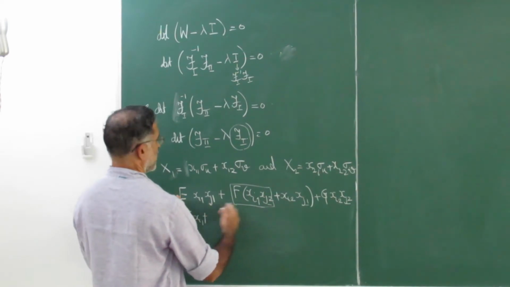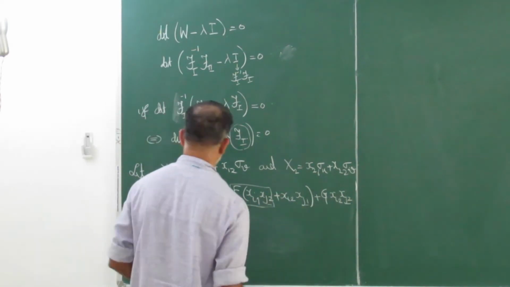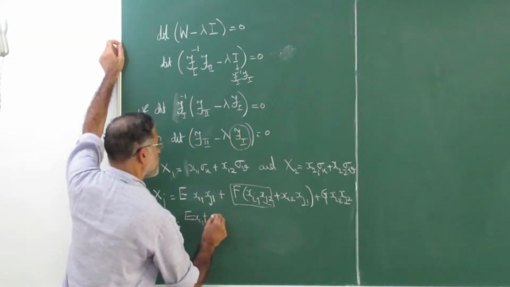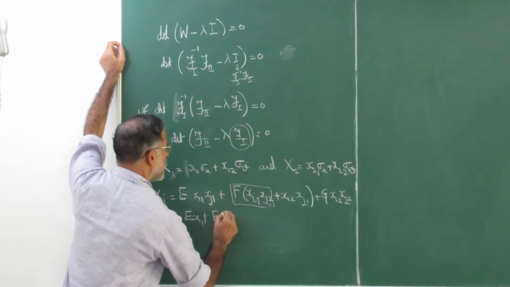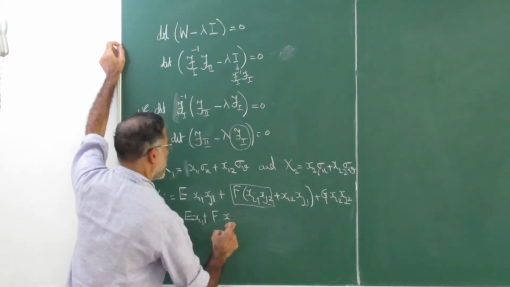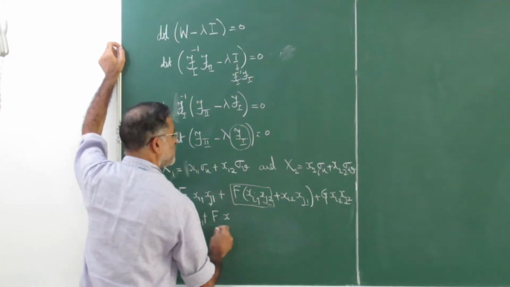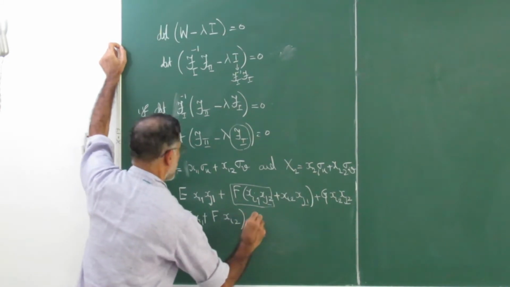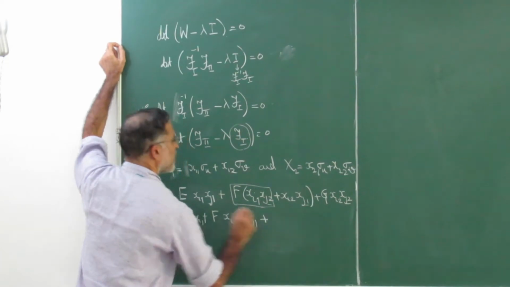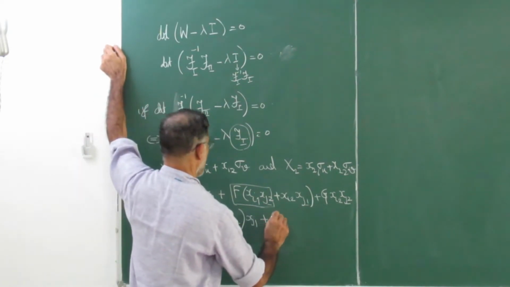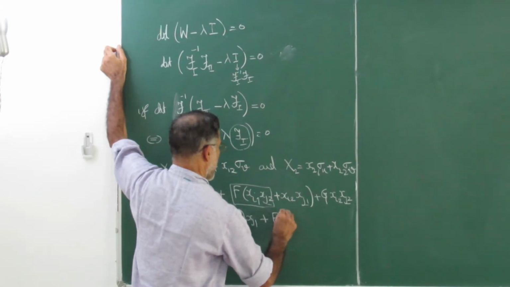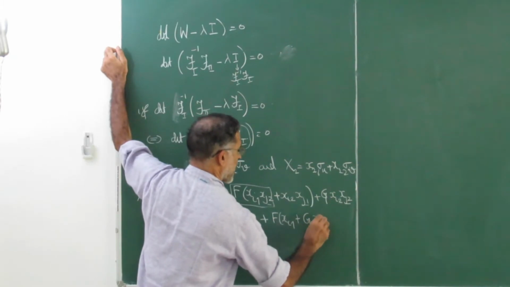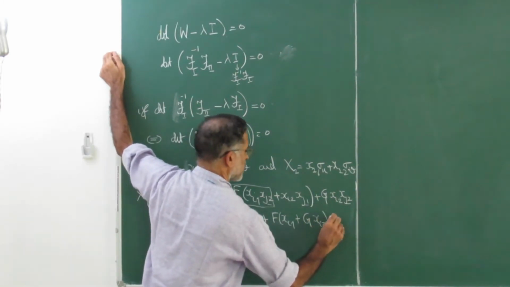There will be four terms: the terms with xj1 as a common factor, and the terms with xj2 as a common factor, so you will have two lines.